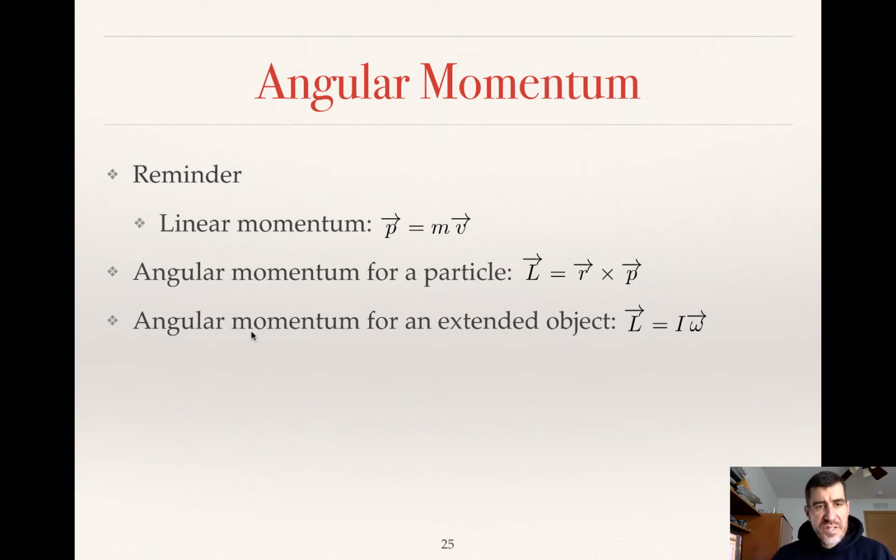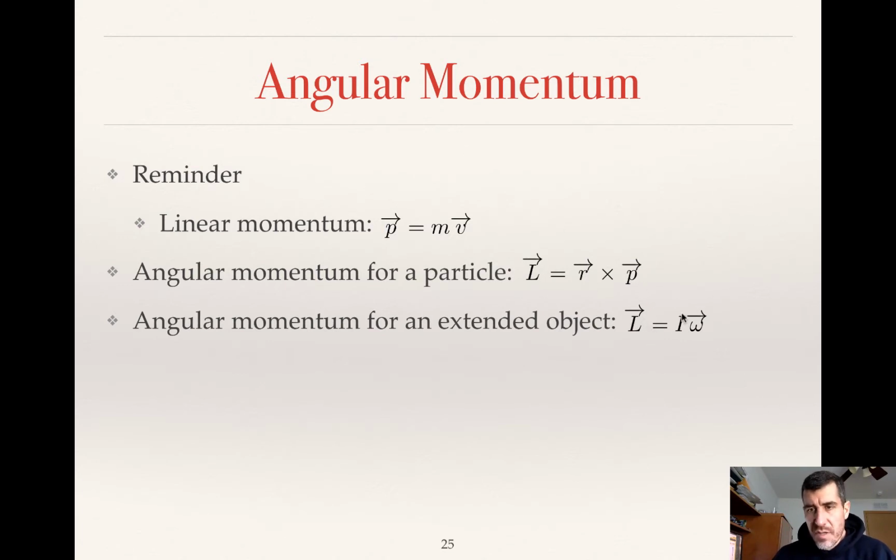Now, for an extended object, again, you do what you usually think of. You imagine slicing it up into a million little bits. For each one of those little bits, you treat it as a particle. You add the angular momentum for each of those little particles together, and it becomes an integral.